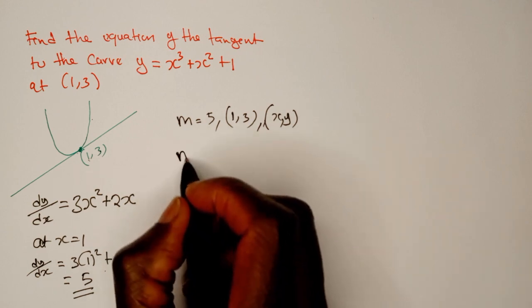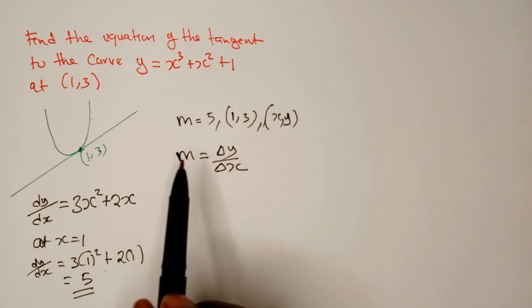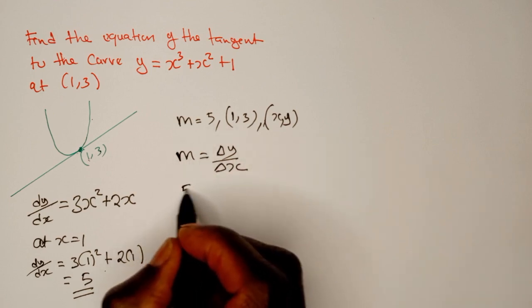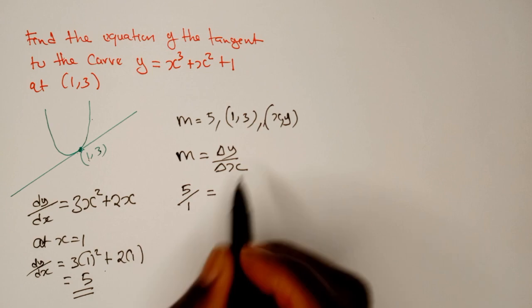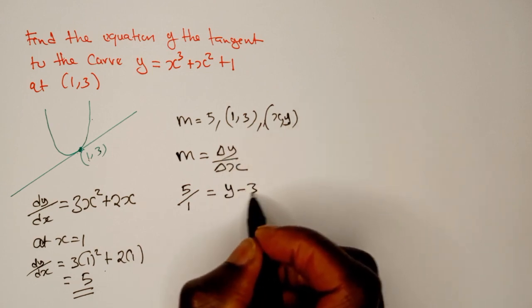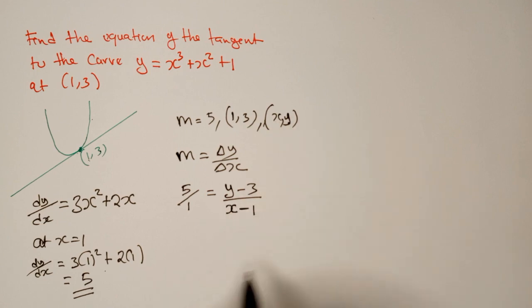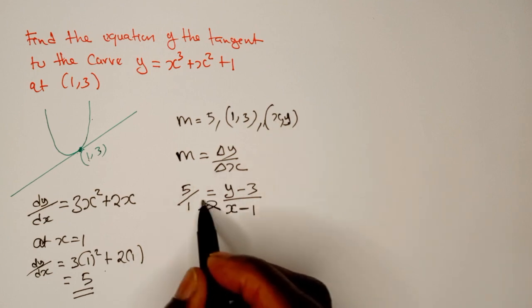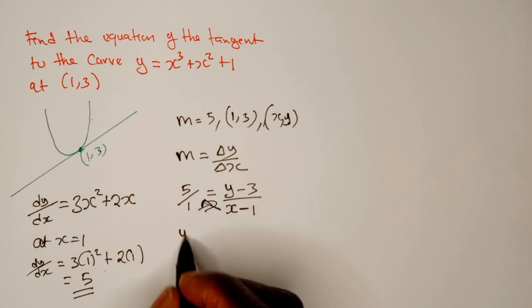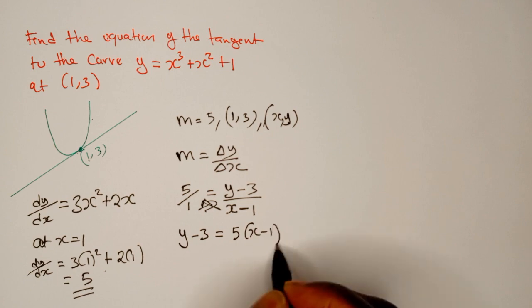So gradient is change in y over change in x. Our gradient is 5, so we'll have 5 over 1 equals change in y over change in x, so it is (y minus 3) over (x minus 1). You simplify this by cross multiplying, so you'll have y minus 3 equals 5 times (x minus 1).